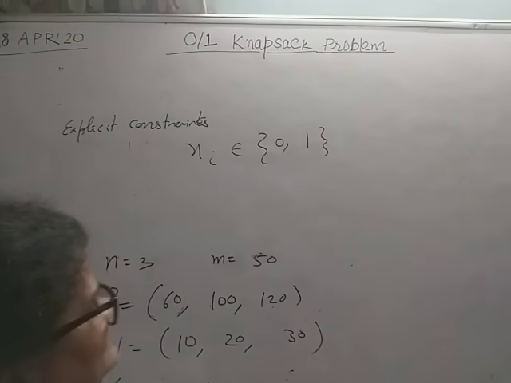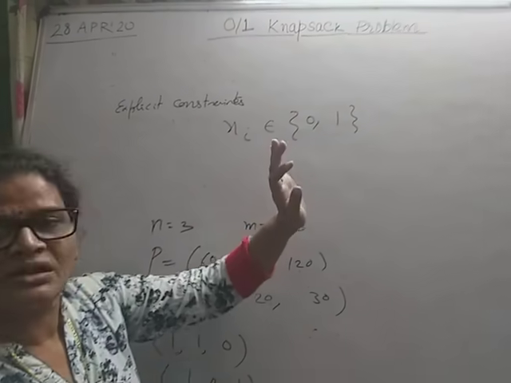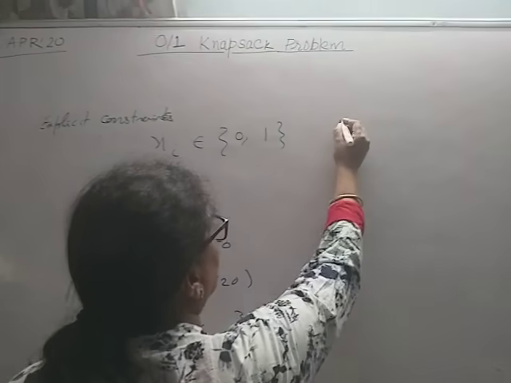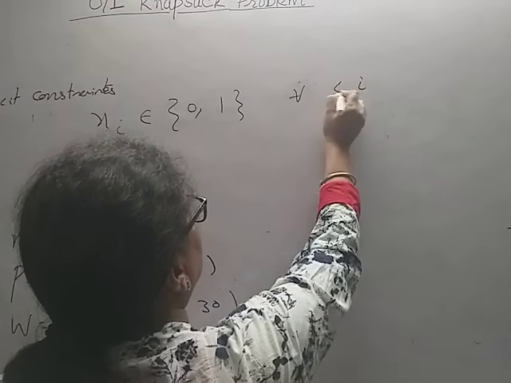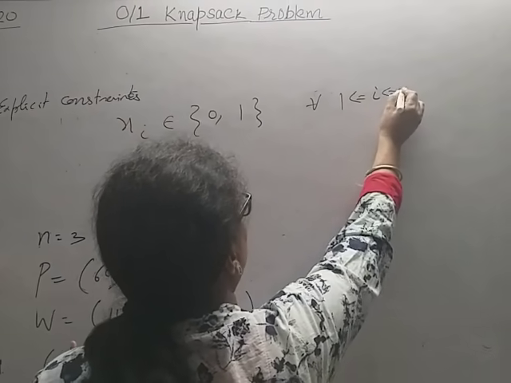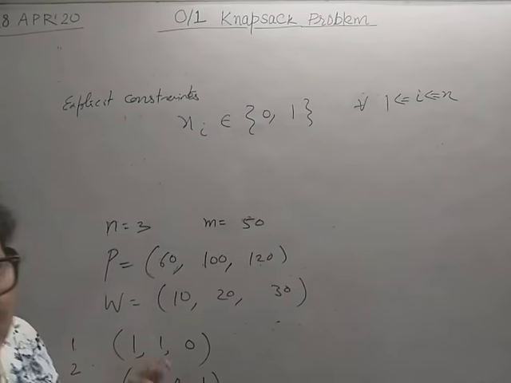Here xi either can be 0 or 1 for every i, 1 ≤ i ≤ n. This is the explicit constraints.